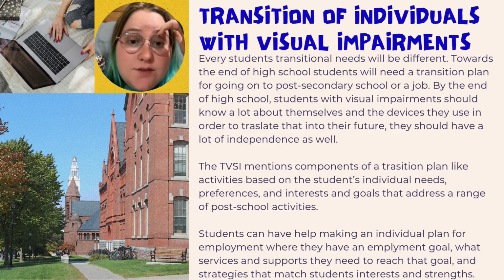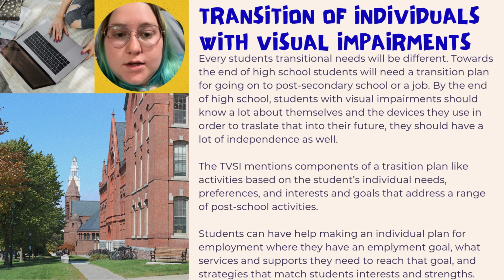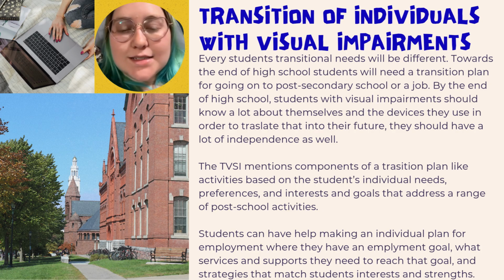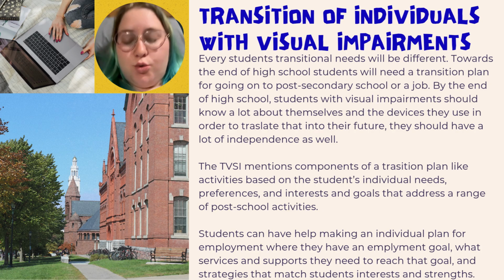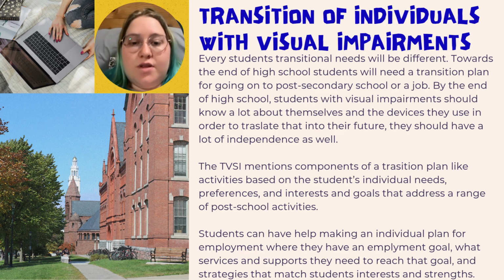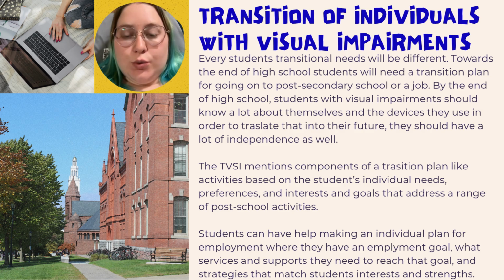And then transition of individuals with visual impairments. So every student's transitional needs are different. It does not matter who the student is. Not every student is going to have the same transitional plan. So towards the end of high school, students with visual impairments will need a transition plan for going on to post-secondary school like college, or going to an employment facility or job.